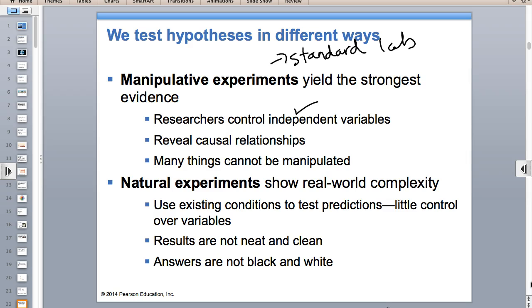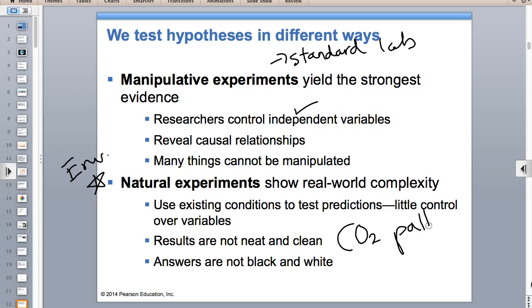So anyway, what we typically have to do in environmental science is natural experiments. We're going to use already existing conditions and look at the results. This would be something like climate change. Climate change is mostly caused by the gas CO2 in the atmosphere.